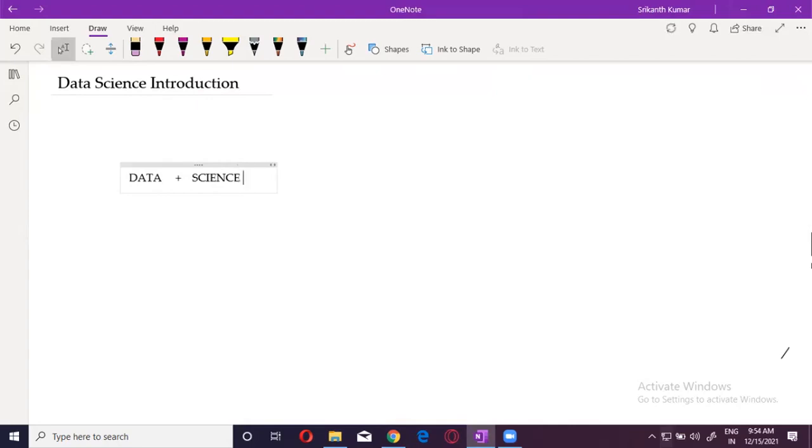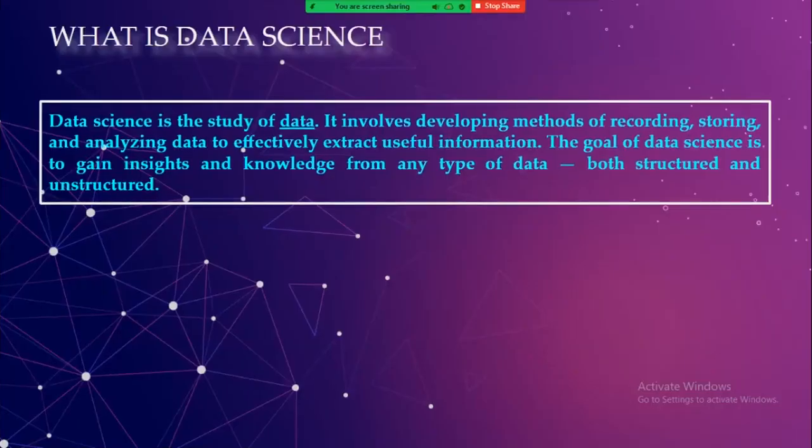Now, this definition looks so complicated, right? Data science is a study of data. It involves developing methods of recording, storing, and analyzing the data and so on. We are not here to mug up these definitions. We are here to know what it exactly is.